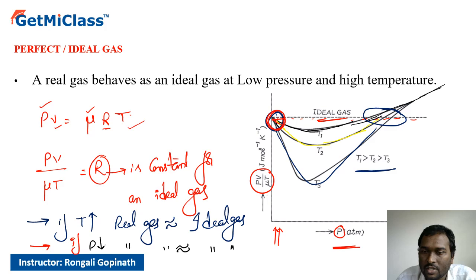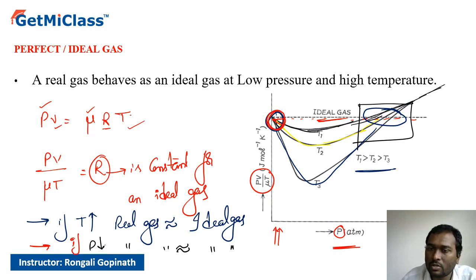Under low pressure and high temperature, a real gas can behave as an ideal gas. You may ask, at higher temperatures also this is happening because of the right side part of the graph. But higher temperatures also mean over here, over here, over here as well.